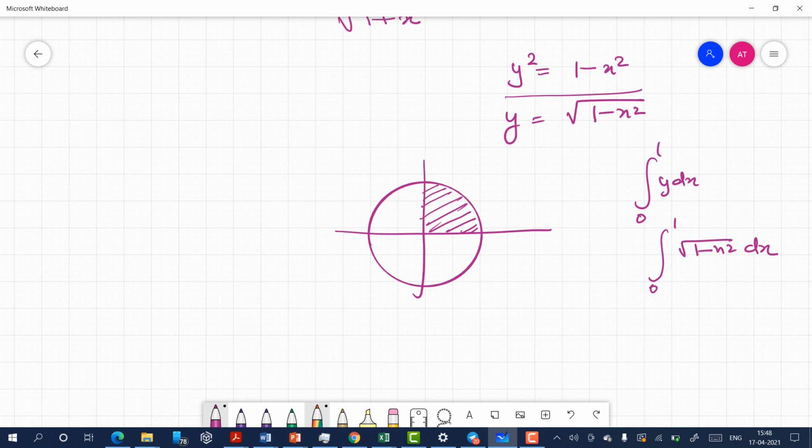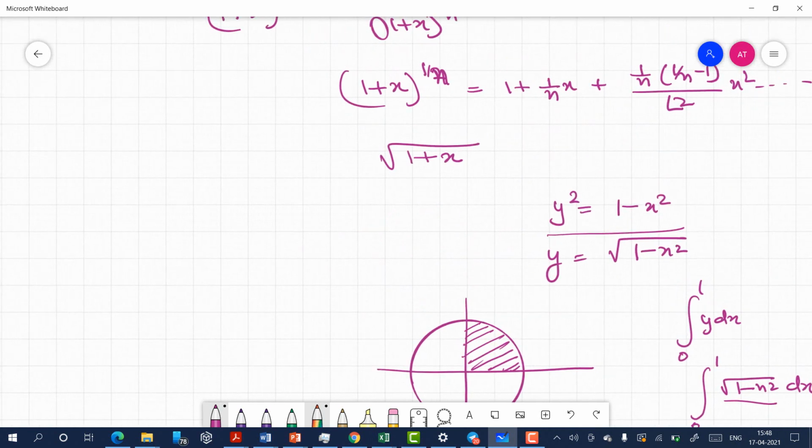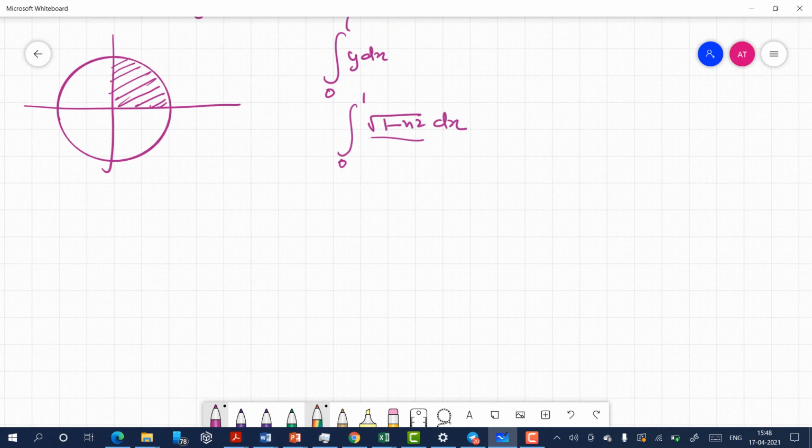And in order to find this, you simply had to replace x with minus x and n with 1 by 2 and open it in the binomial form and keep placing it. So this will be equal to the integration of 1 minus x squared to the power 1 by 2 dx.